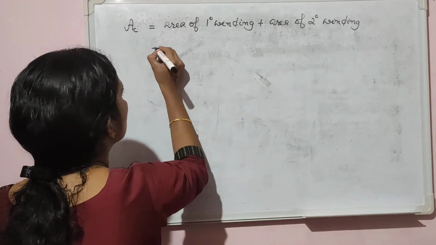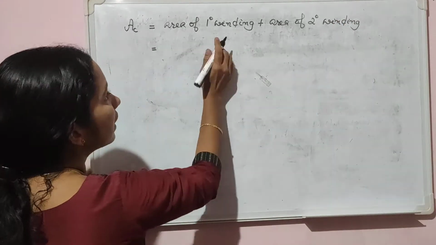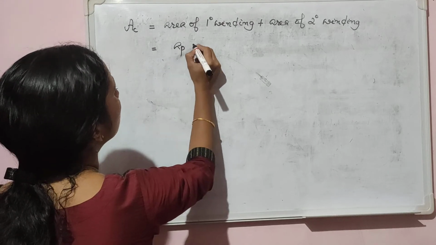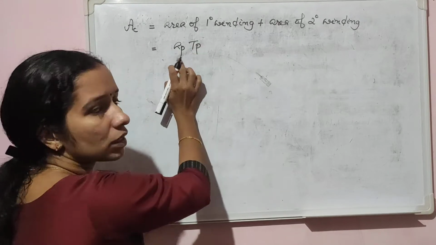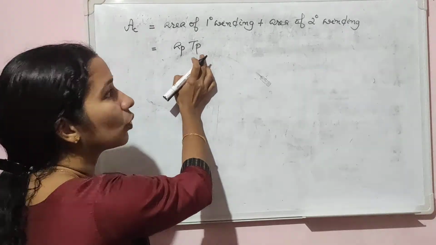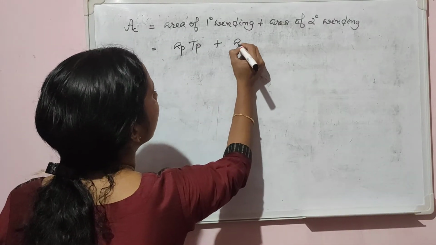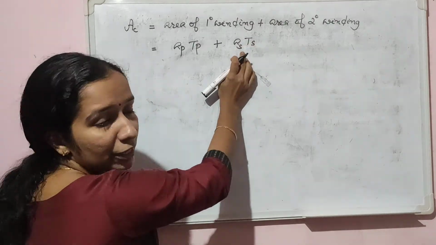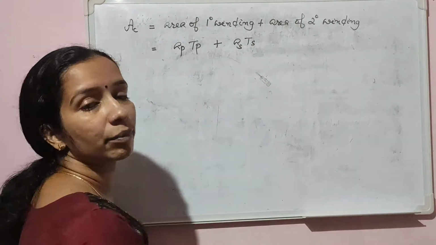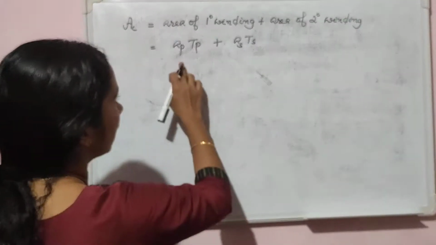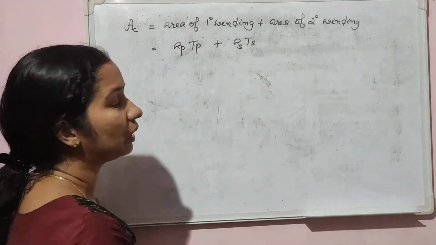Okay. So we know that area of primary winding is equal to AP into TP, so area per turn into total number of turns TP, plus area of secondary is AS into TS, area of a single turn into total number of turns. So AP into TP plus AS into TS.